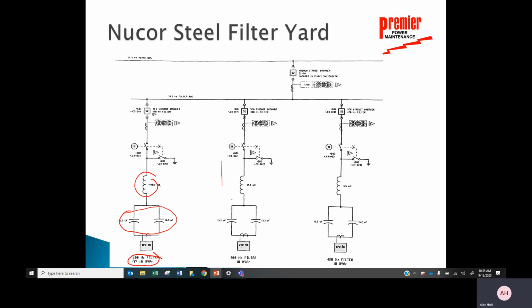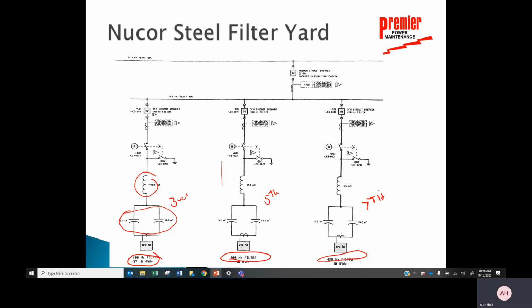Then they also have one tuned at 300 hertz, which is the fifth harmonic. Then they also have one tuned at 420 hertz, which is the seventh harmonic, okay? So they have problems on their system that they understand: third, fifth, and seventh harmonics.